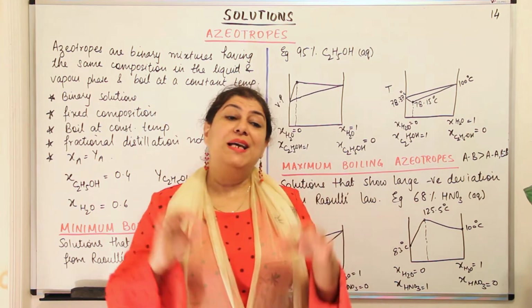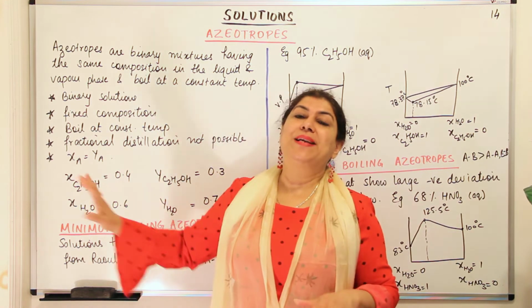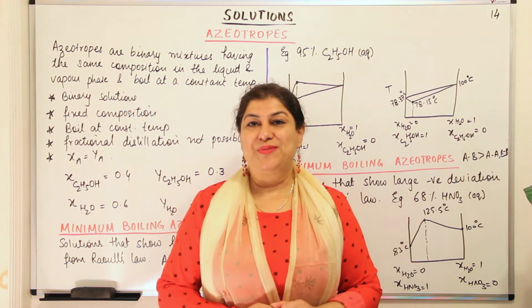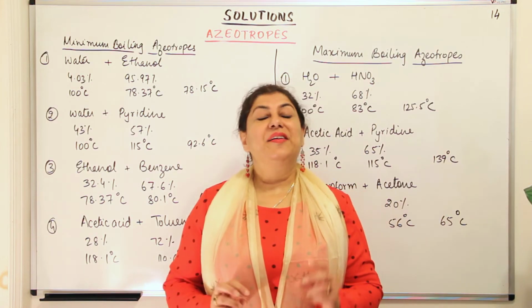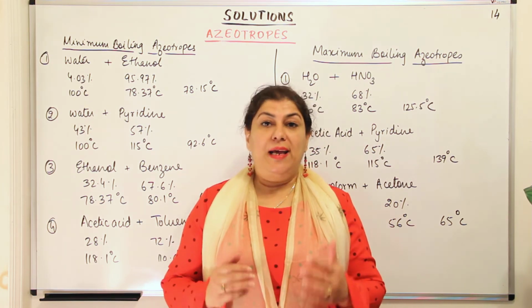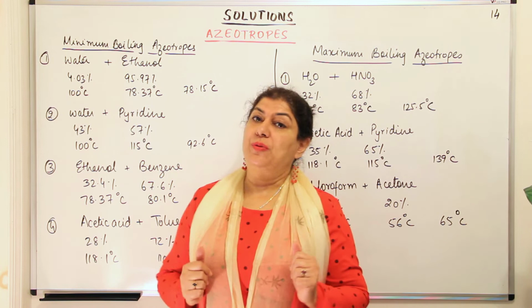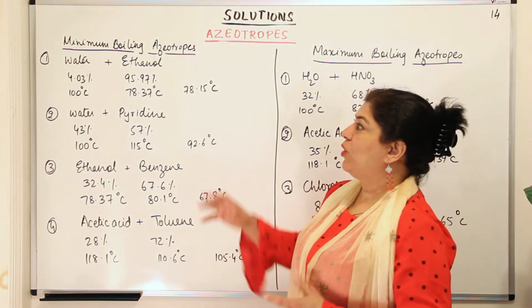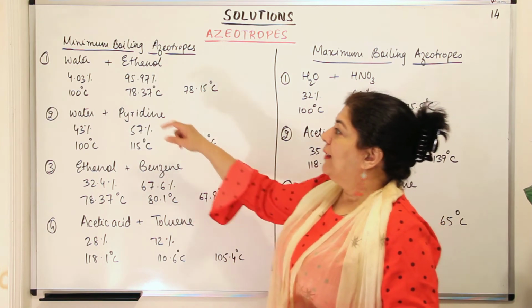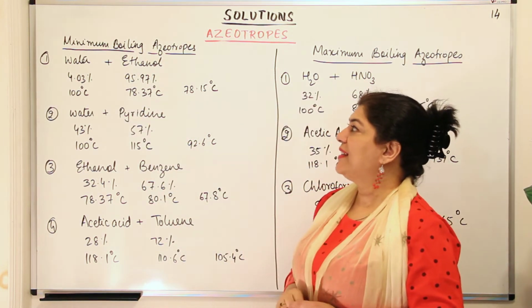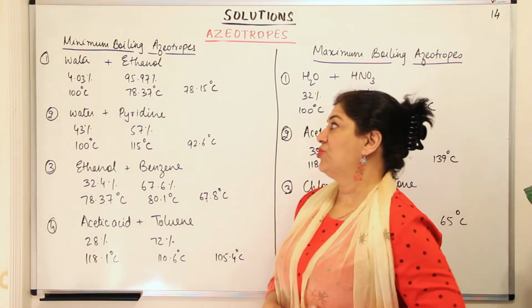Now give me a moment. I'll tabulate a few examples of both minimum boiling and maximum boiling azeotropes. Now here are a few minimum boiling azeotropes and maximum boiling azeotropes, and I would like to go over them with you. Minimum boiling azeotropes, the first example is water and ethanol that we've done. The composition is 4.03% water and 95.97% ethanol acts as an azeotrope.